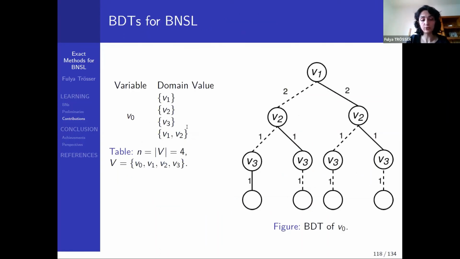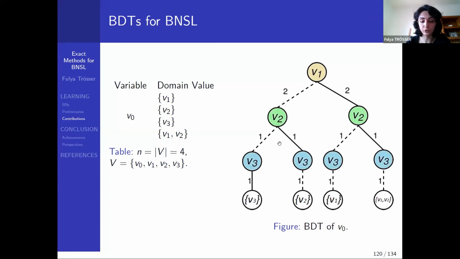We can use binary decision trees to represent domains, like we do here for a variable V0. It has 4 candidate parent sets: V1, or V2, or V3, or V1 and V2 at the same time. The root node takes all of these candidate parent sets as input, and it classifies them with respect to the criterion of containing V1 or not.